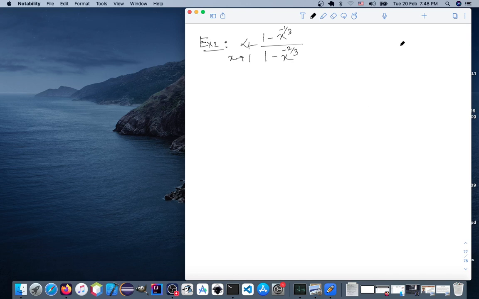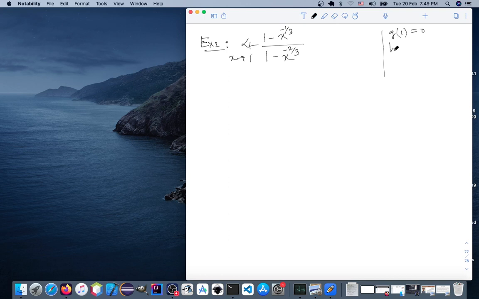So obviously we see that g(1) is 0 and also h(1) is also 0. So both the numerator and the denominator become 0 when x equals 1. So we can factorize, extract the factors from both the numerator and the denominator, and try to cancel the common factor.